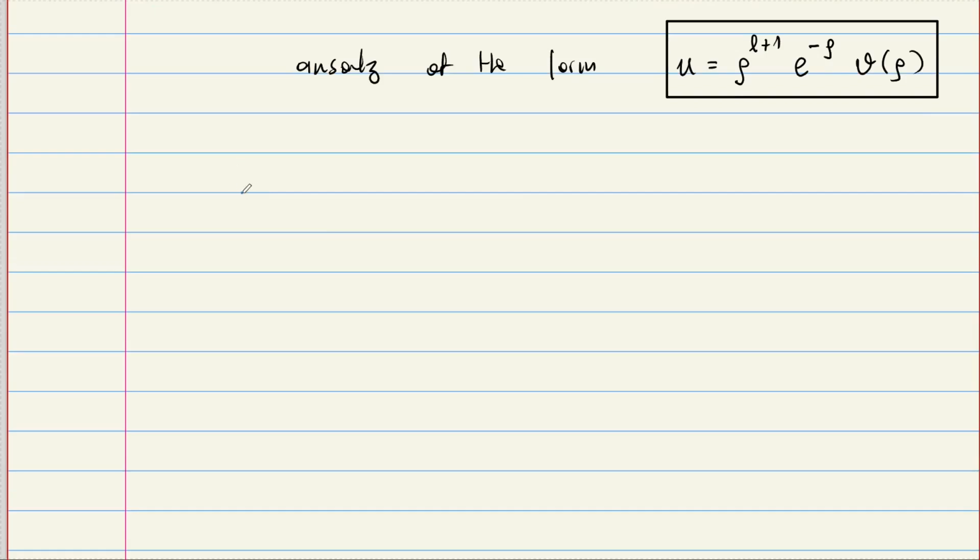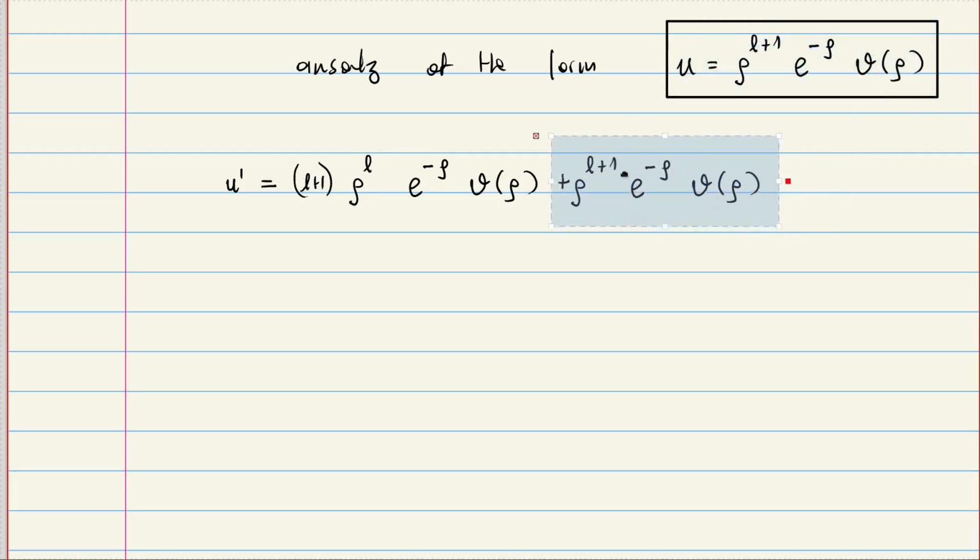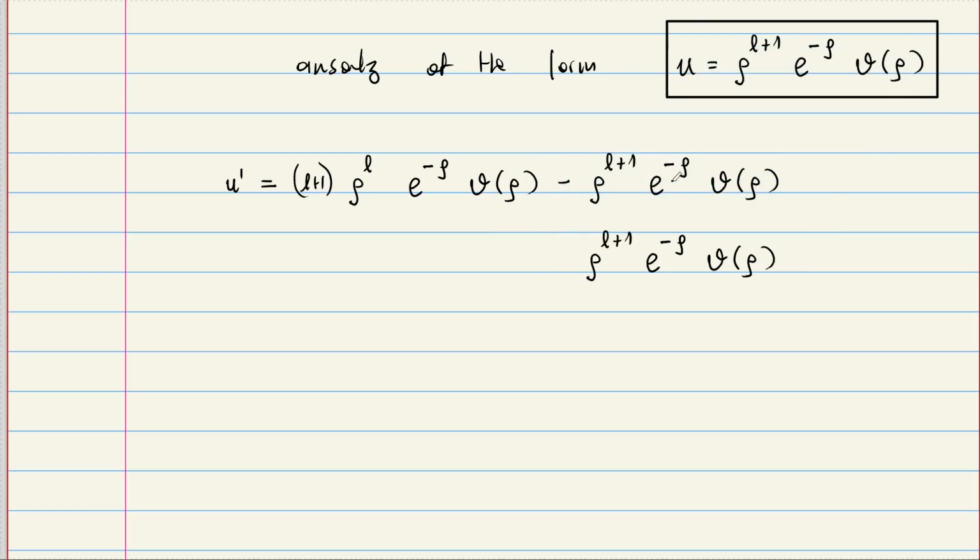Okay, so first u prime is equal to this thing. So this is L plus 1 rho to the L plus exactly the same thing, plus the same thing. So this one is minus because e to the minus rho is like this, plus derivative of that. And I want to collect factors.